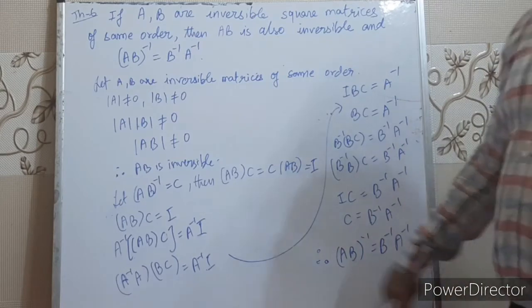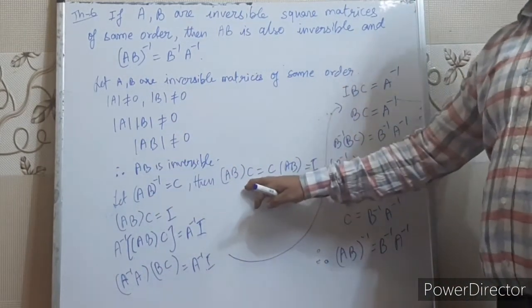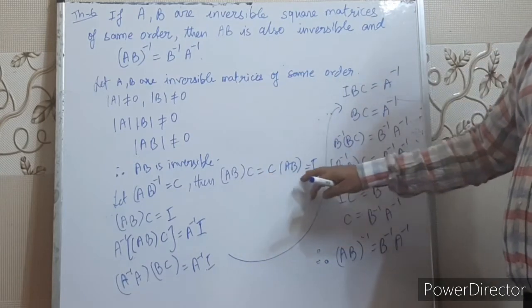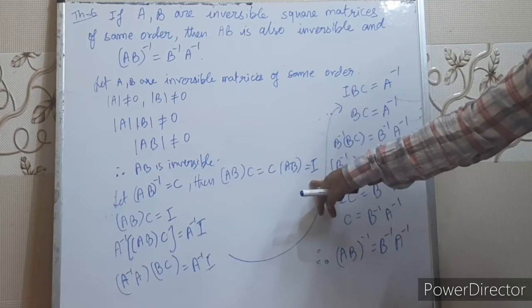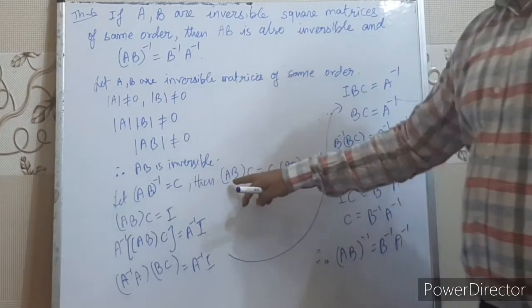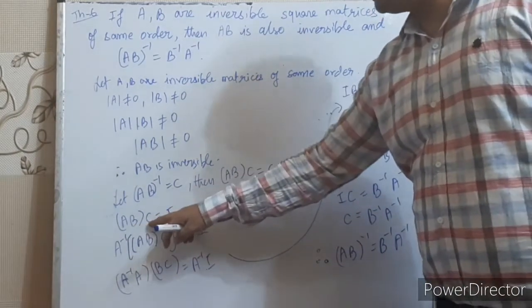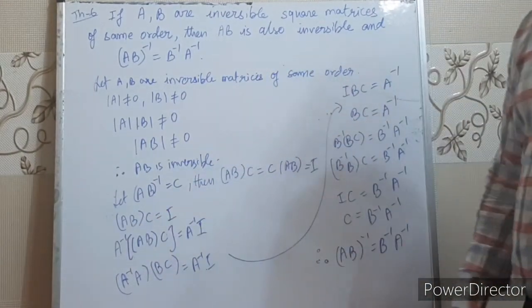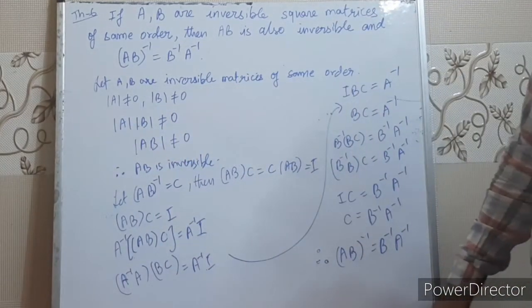Right, children? If the inverse of AB is matrix C, that means AB into C equals C into AB equals identity matrix. This is a theorem we have applied, right? Okay. Now let's see this term AB into C. If we equate AB into C equals identity matrix and multiply A inverse from the left hand side, what we'll get?